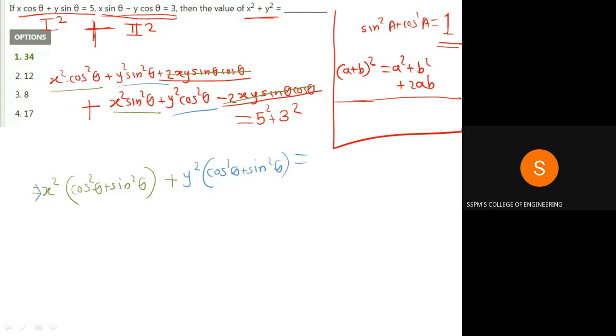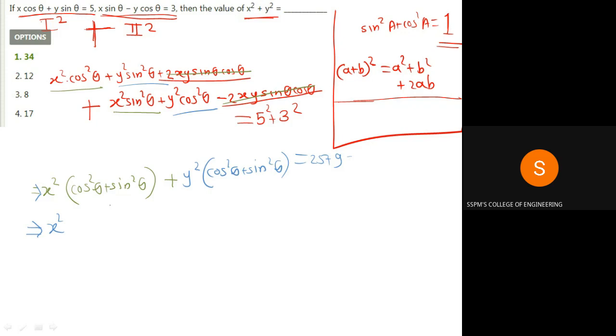What is 5 square plus 3 square? It is 25 plus 9. We will write it in the next step. Now, what is cos square theta plus sin square theta? You studied in 10th standard, you should remember that sin square theta plus cos square theta is equal to 1.